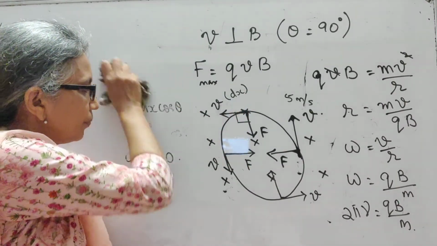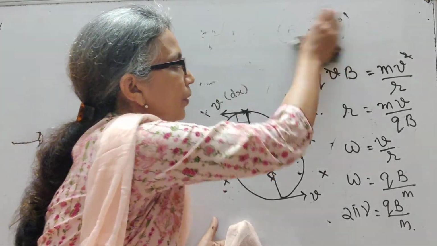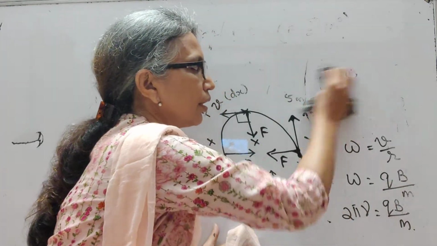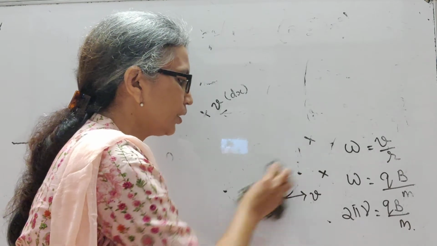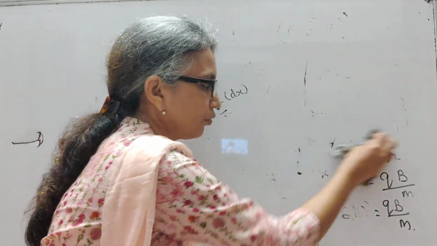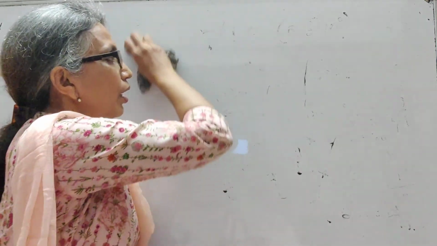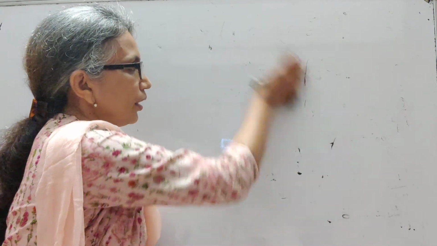And the last discussion on this will be, suppose you have this particle entering the field with some arbitrary angle theta other than 90, other than 0 or 180. Let's say theta is 45 or 30 or 60, any other arbitrary angle other than what we discussed now. So let's see what will happen in that case.